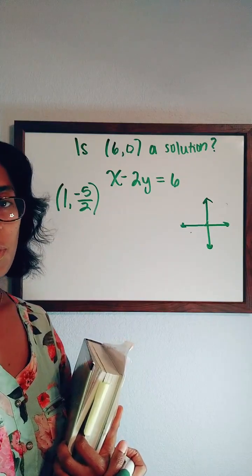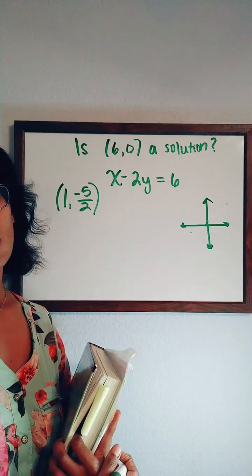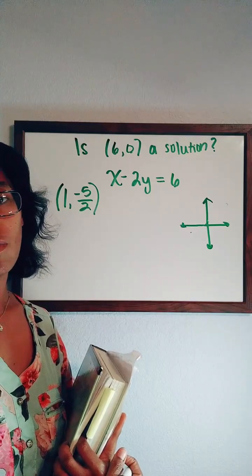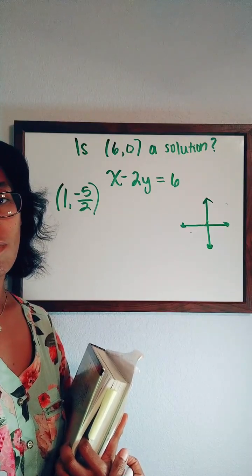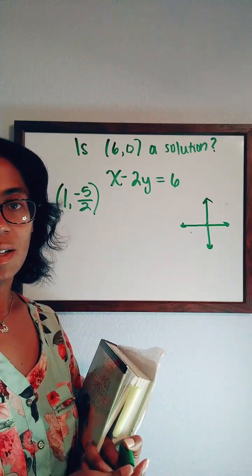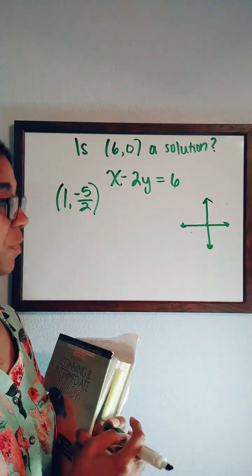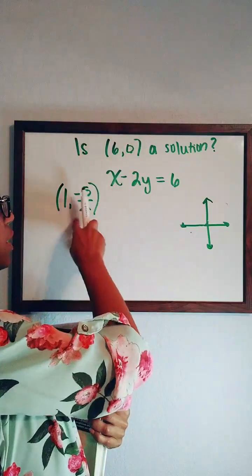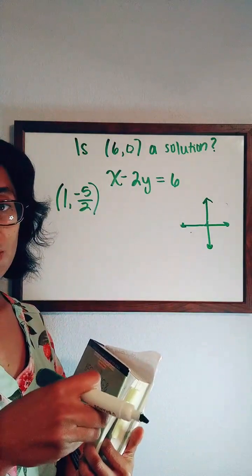Two and 0.5. Excellent. Perfect. Yep. So that one, we know this one works and this one works. The only one that didn't work was the last one that we did.